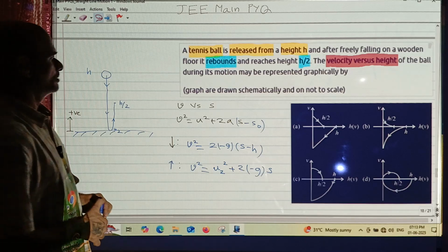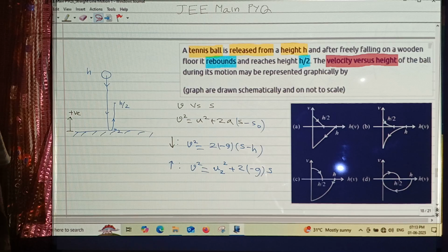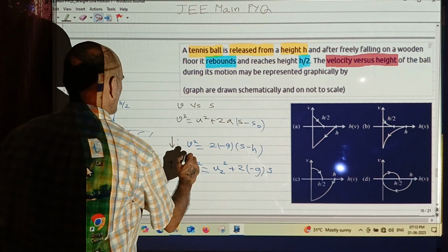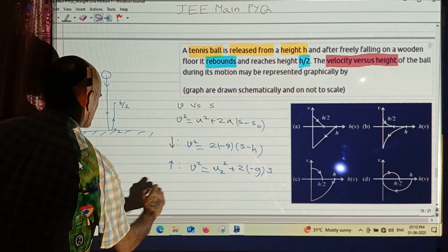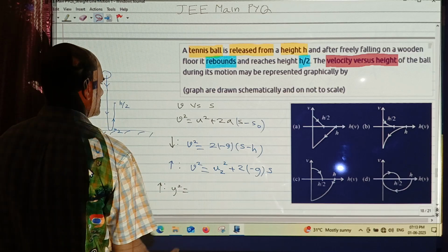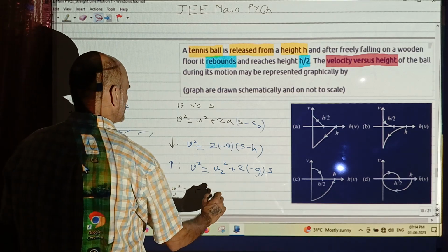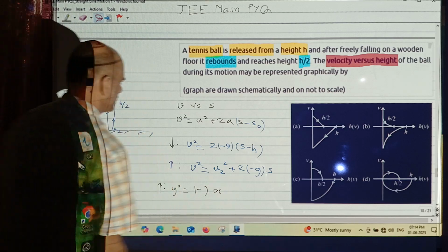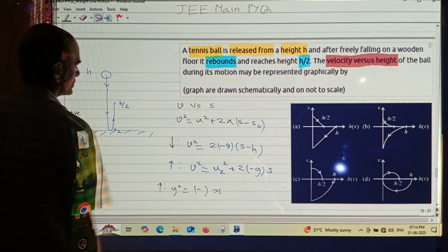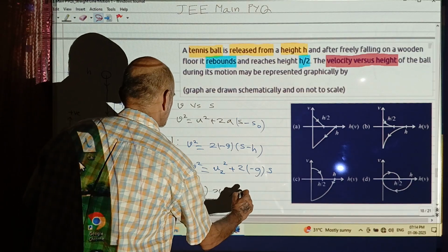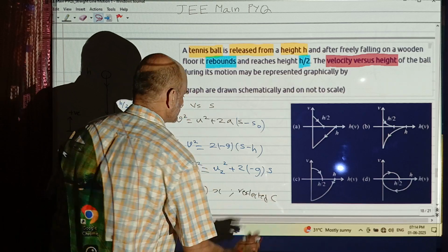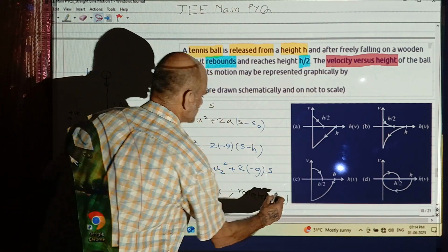So for the first part of the motion, v is on the y-axis, so this is like y square. The downward motion is of the form y square equal to some negative constant into x. This is a parabola about the y-axis and it's negative, so it will be a reflected C, and the plot will look like this one.